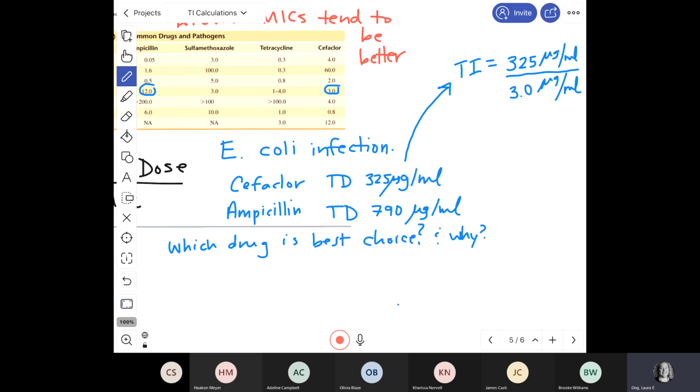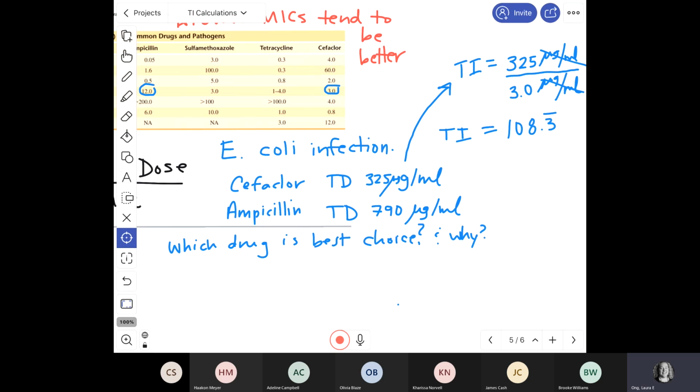And then I am going to do this on a calculator, but it'll be like 108 or something like that. 108.3. Notice that because these units cancel, the therapeutic index does not have units. All it is is a ratio. So it's like a safety ratio.